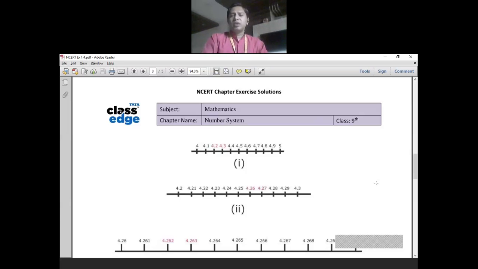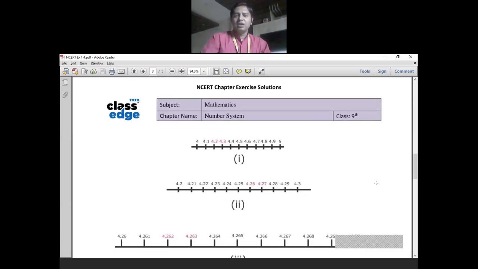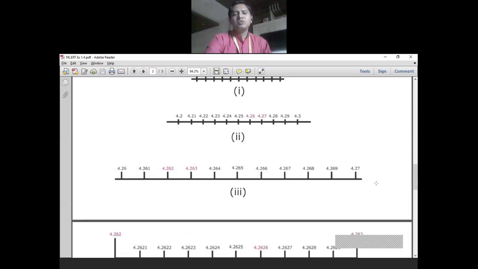So we'll successively magnify 4.2 and 4.3 in subparts. Further, we can identify that 4.2626 will lie in between 4.26 and 4.27. So we'll further magnify 4.26 and 4.27. Here we'll have 4.261, 4.262, 4.263, and so on. Now we require 4.2626, so we'll further magnify 4.262 and 4.263.